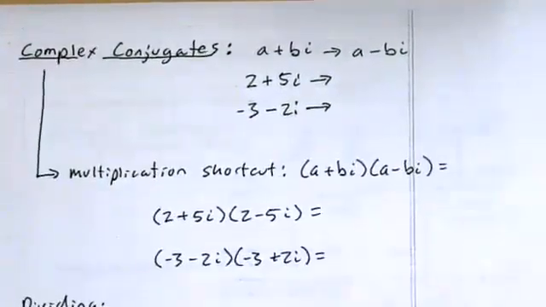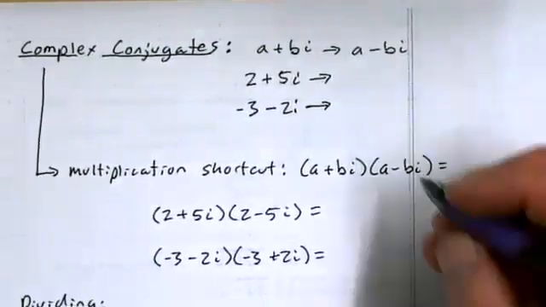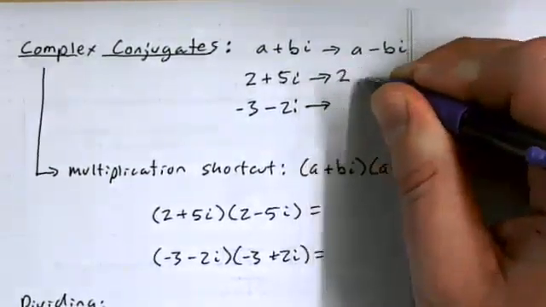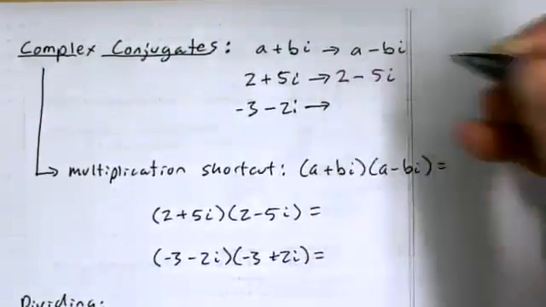But the idea is a complex conjugate looks exactly like its complex pair, its conjugate pair, except the imaginary part has the sign flipped. So a plus bi is a conjugate with a minus bi. 2 plus 5i would be conjugate with 2 minus 5i.